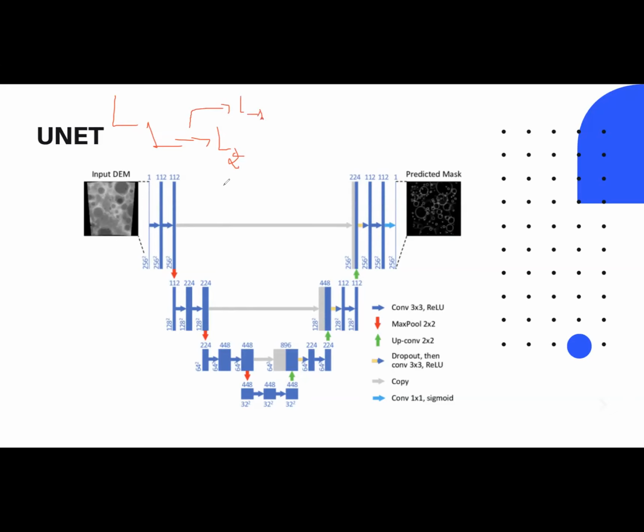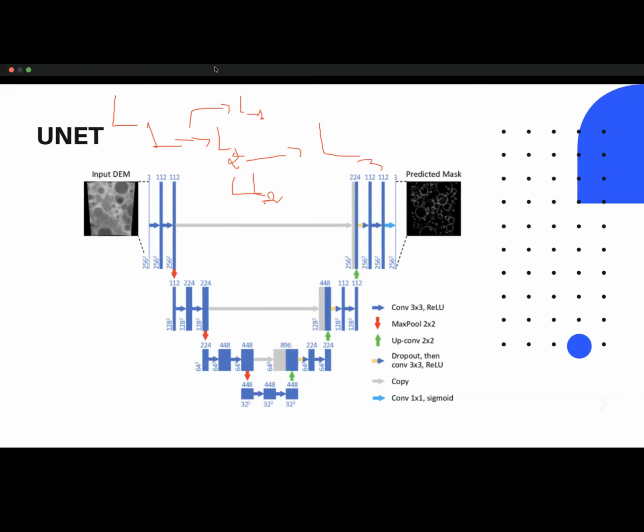And layer 2 sends its results to layer 3 as before, but also to layer -2. So previously we had each layer sending its output to the next layer only. Now we have each layer sending its output to the next layer and the mirror version of it from the other side.